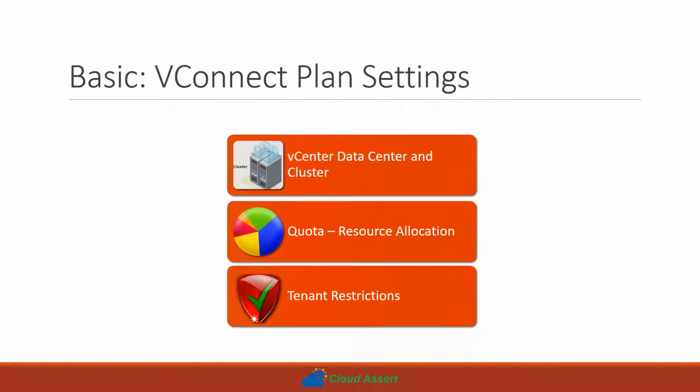You can select a specific vCenter data center and cluster to associate with the plan. You can also set the quotas like CPU, memory, etc. We also added a feature recently to enable you to provide fine-grained access or restrictions for what operations the tenant users can perform on the virtual machines.